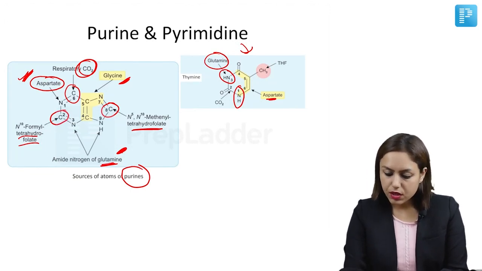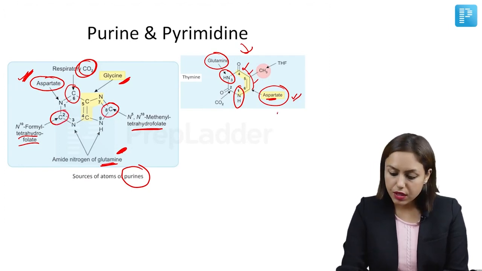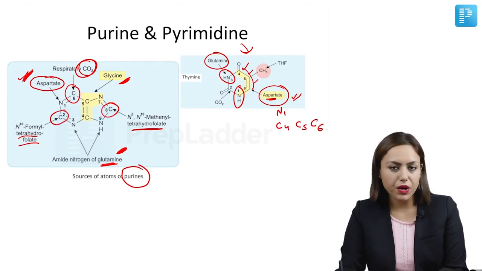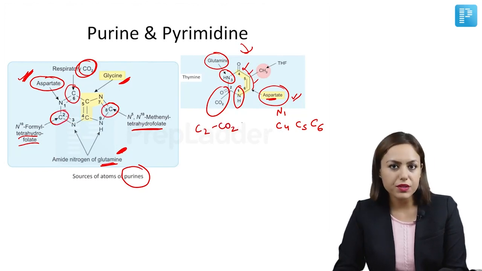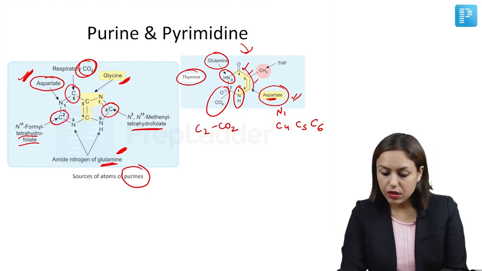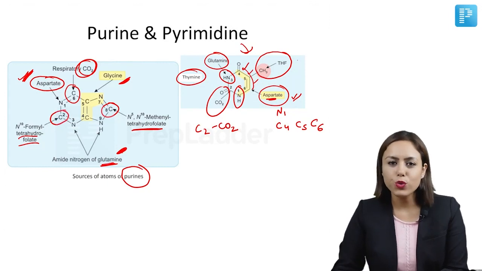Now carbons, C4, 5, 6 are from aspartate. So aspartate has a very good role in pyrimidines. N1, C4, C5, C6, all are from aspartate, right? And then we are left with C2. C2 is from carbon dioxide in pyrimidines, right? And in thymine, there is one extra methyl group on this side, which is from tetrahydrofolate. I already told you, right?